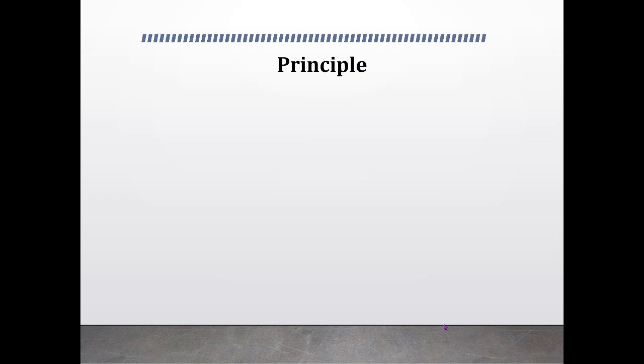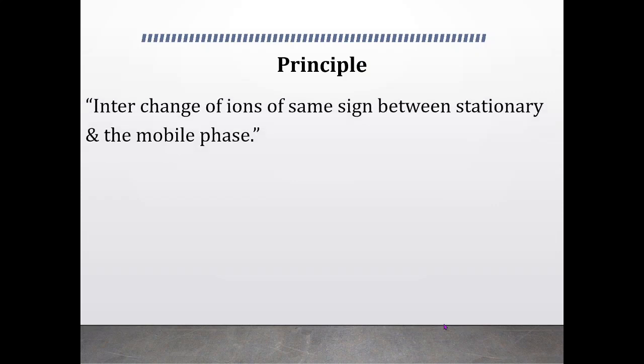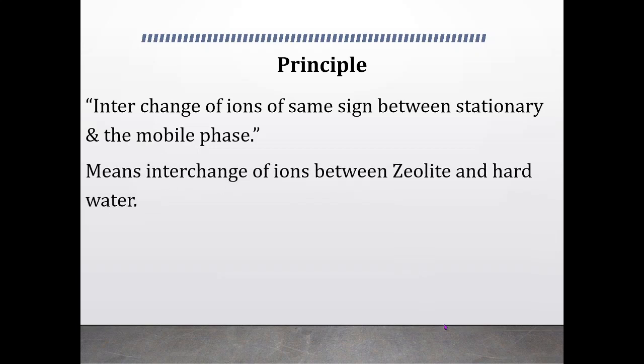Now, what is the principle of zeolite process? Interchange of ions of same sign between stationary and mobile phase. Now what do you mean by stationary? Stationary means stable, whereas mobile means movable. In this particular case, zeolite is the stationary phase, whereas the mobile phase is the hard water.